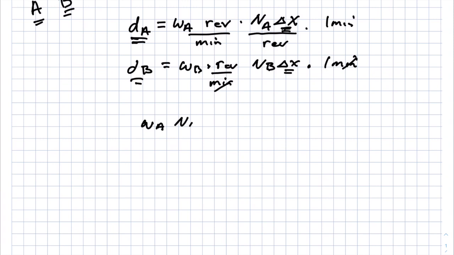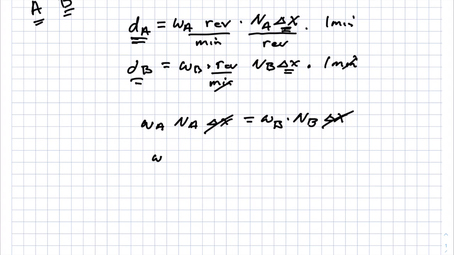What I would have is omega A times NA times delta x is equal to omega B times NB times delta x. Maybe that was obvious to you, but the delta x's cancel and you get the relationship between the speeds.